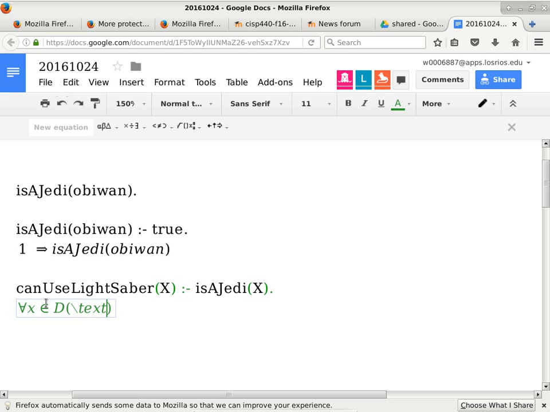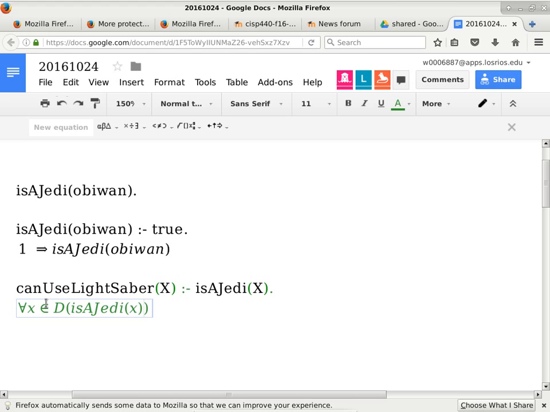I'm not sure whether it will take this. Let me see if it will do this. Is a Jedi, close? Nope, it won't do that. So I'll just use is a Jedi. Is a Jedi is a predicate. It applies to the variable x in this case. A predicate is basically something that can either be true or false depending on the parameter.